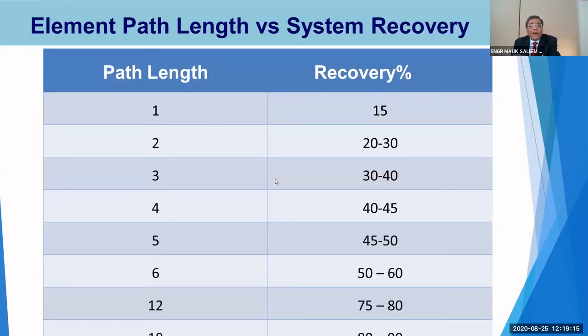Now see, what is the impact of the path length? Path length basically determines the recovery of the system. From a single membrane, you can have a maximum 15% recovery. From two membranes, in a pressure vessel, you can have a recovery of 20 to 30%.